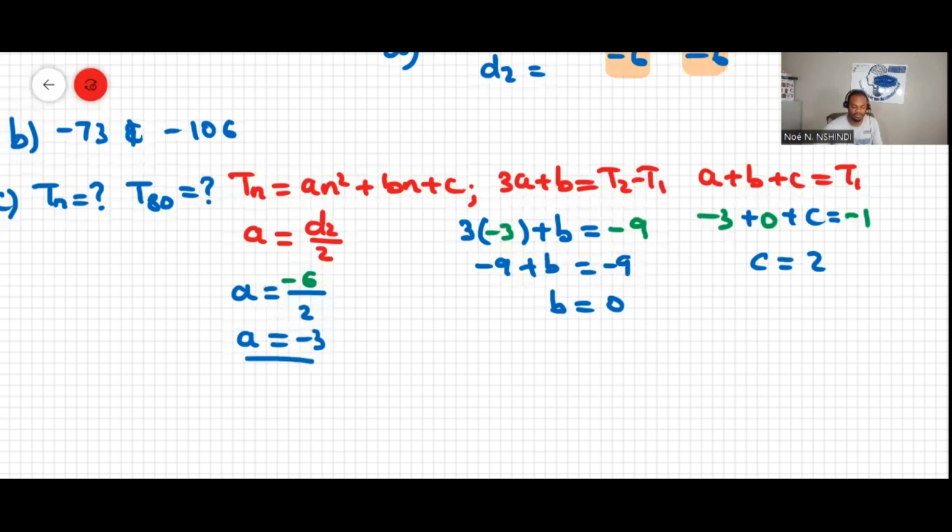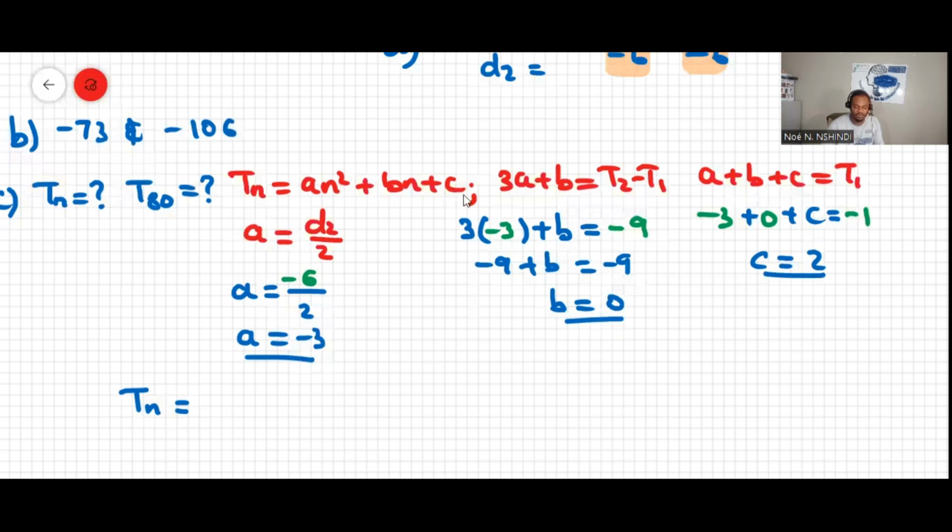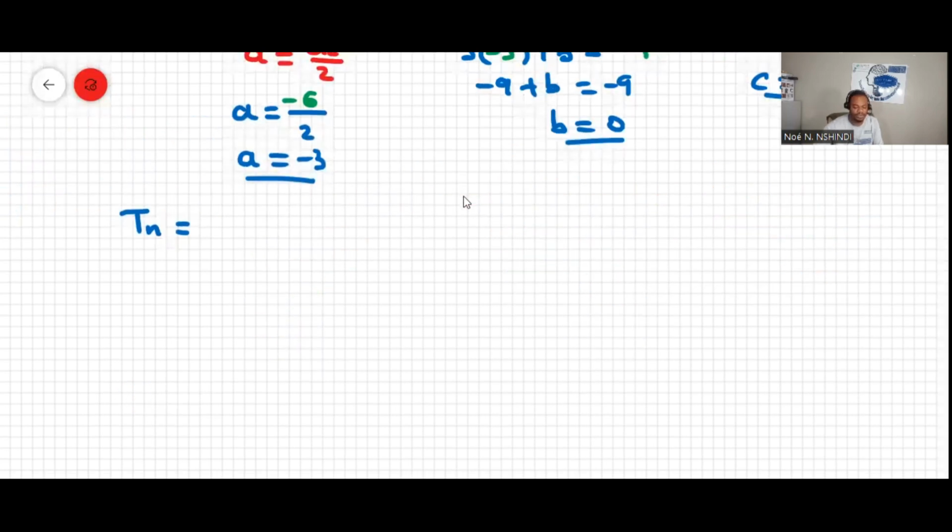Now that we have a, b, and c, we can write Tn. Tn will be equal to -3n squared plus 0 plus 2, so Tn equals -3n squared plus 2.